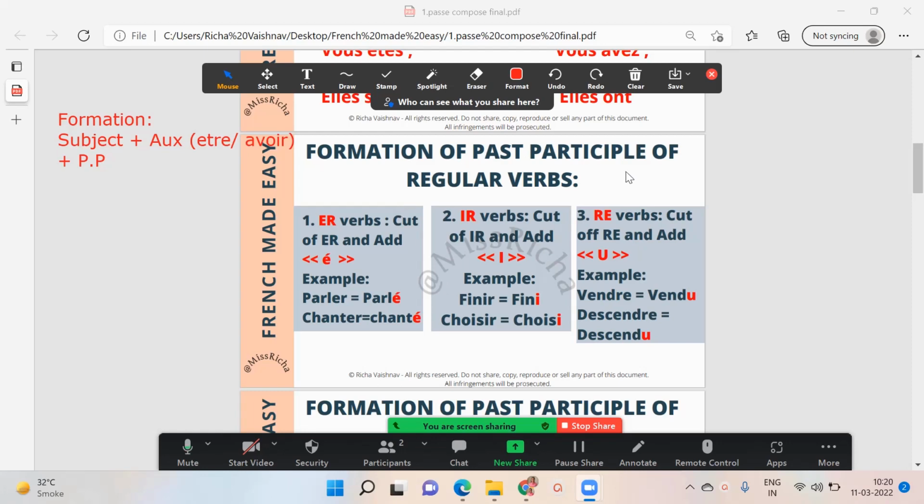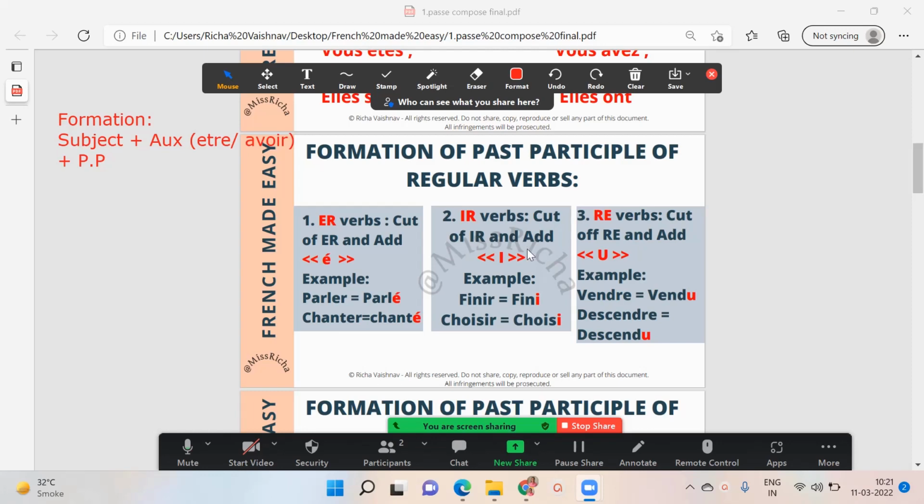Formation of the past participle of the regular verbs. For regular ER verbs, we drop ER and we add é. For example, parler: we drop ER and we add é. Chanter, we drop ER, we add é. For IR verbs, we just drop the R. Technically, we are just dropping the R, but since we are dropping something and adding something, I have included the same pattern here.